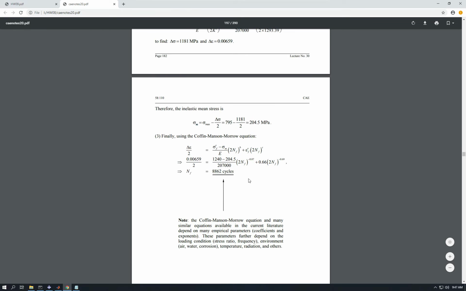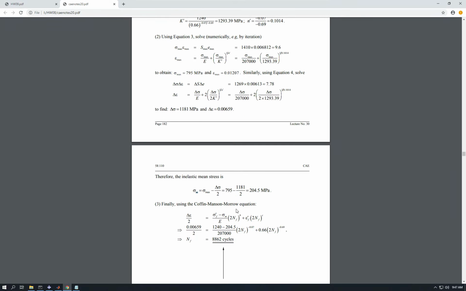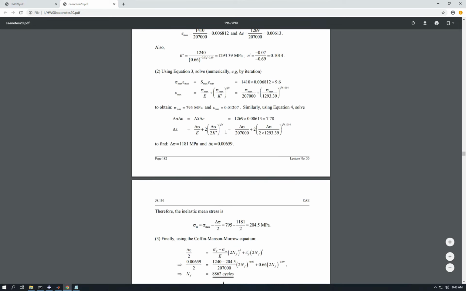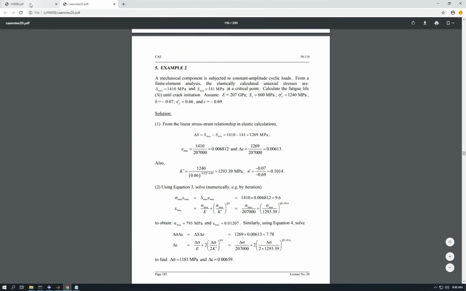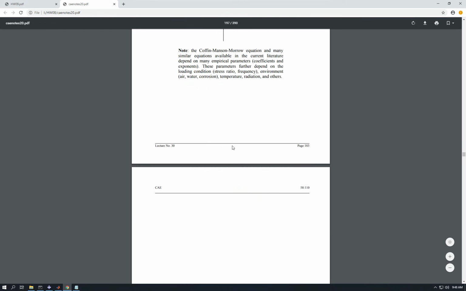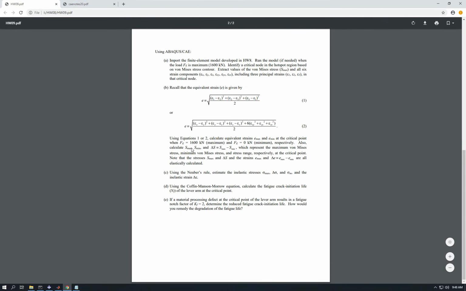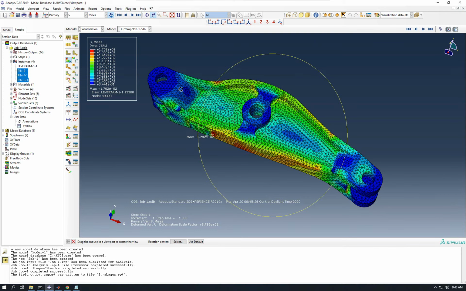Just remember one thing, that in this example, your stress was high. I mean, relative to your homework and also relative to these high stress values here. So what you got was a number less than 10,000 cycles. Here your stress is lower than that, way lower than that.